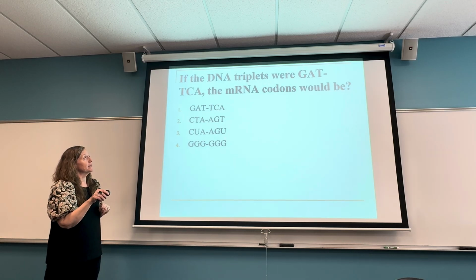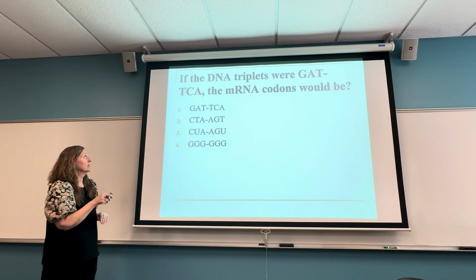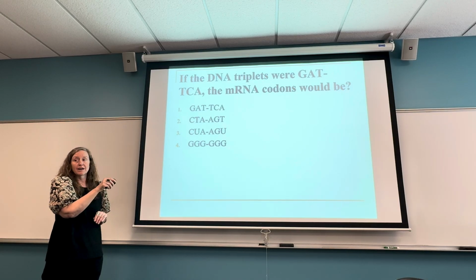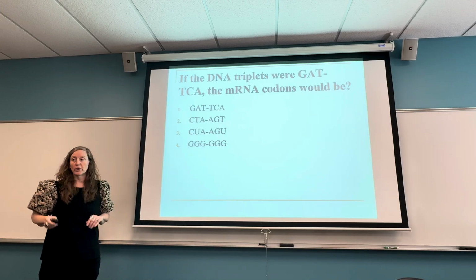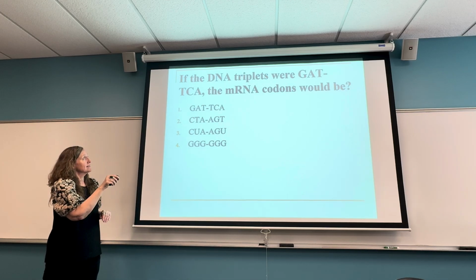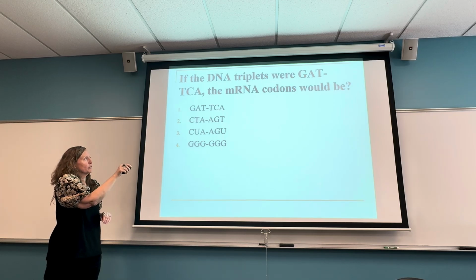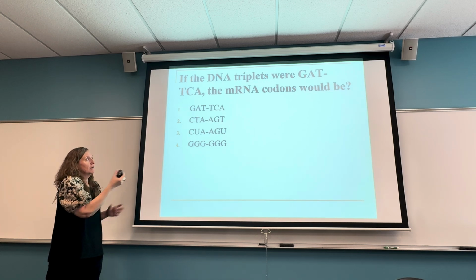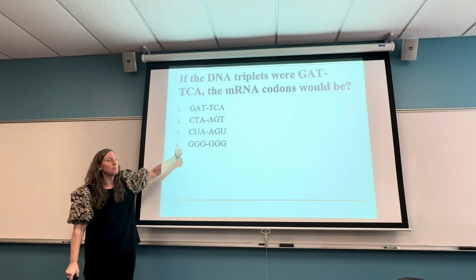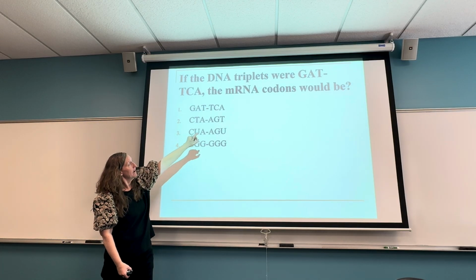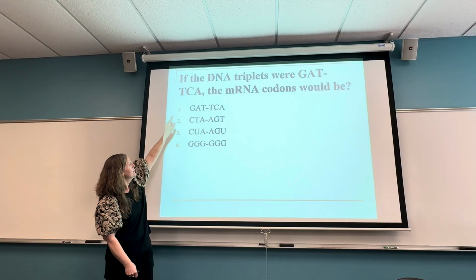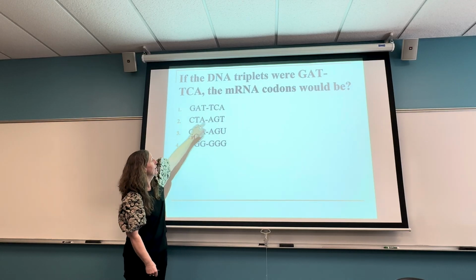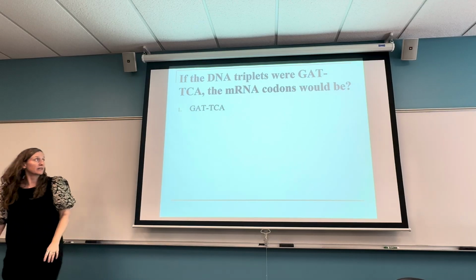G complements C. So even if you just start there, we know C is the complement, so we can get rid of 1 and 4 right away. A complements T or U? U, right. We know there's no T's in our mRNAs, so we can get rid of 2. I would just make sure the rest matches. G complements C, A complements U, T complements A, T complements A, C complements G, and A complements U. So yes, 3 is definitely the best answer.